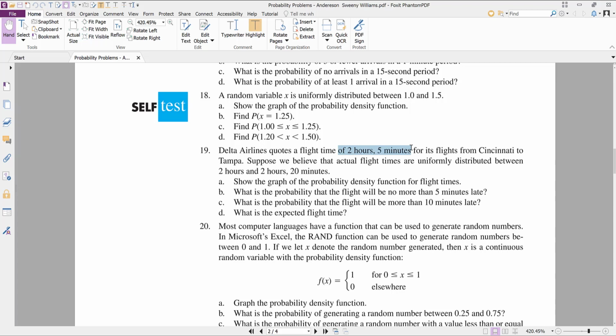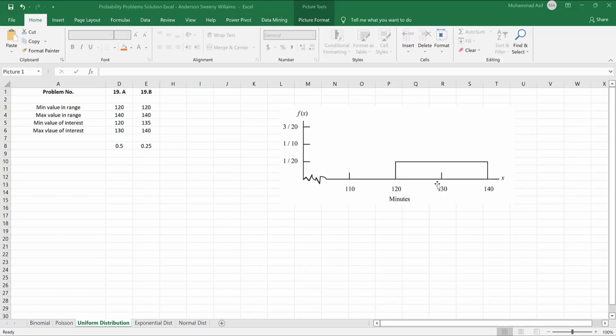The time mentioned on the ticket is 125 minutes, and no more than 5 minutes late means 125 plus 5, that's 130. So what's the probability that the flight will be less than 130 minutes? Which means, what's the probability that it will fall within the region from 120 to 130.